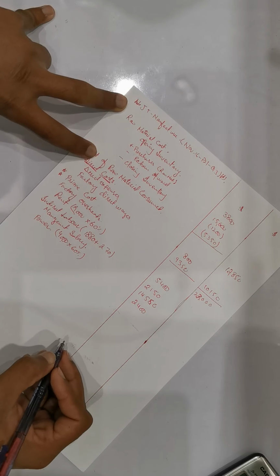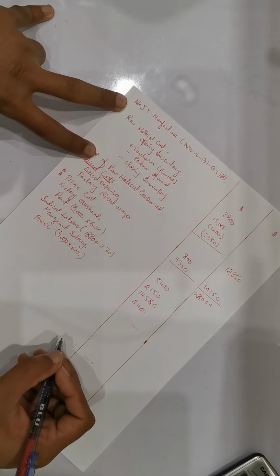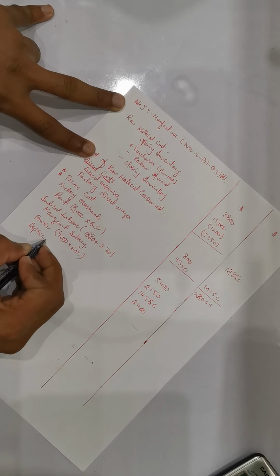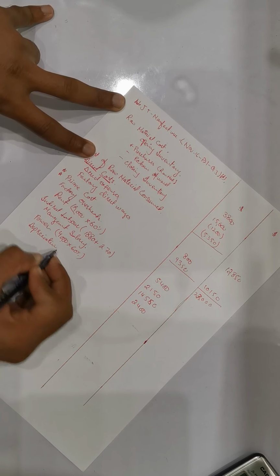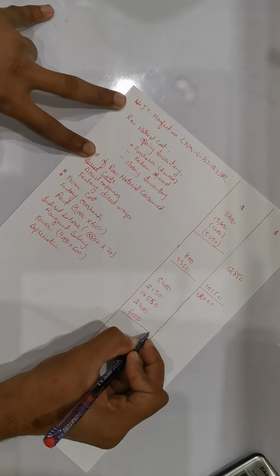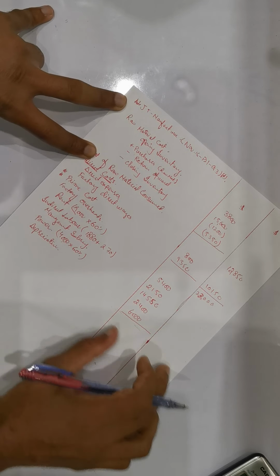After mentioning the power, we have depreciation of factory machinery, which he has already given, and it is 6,000. Now I am going to do the totals of all of these.